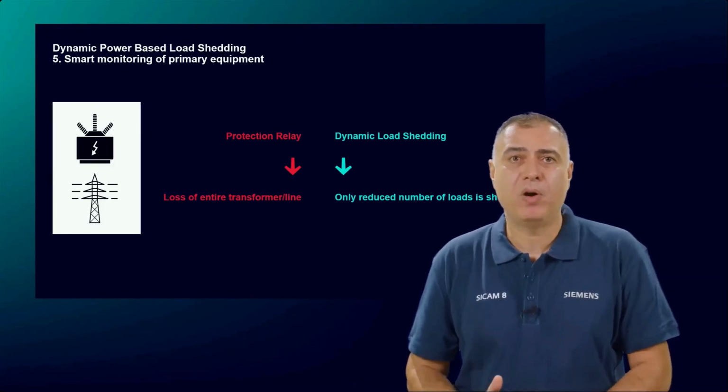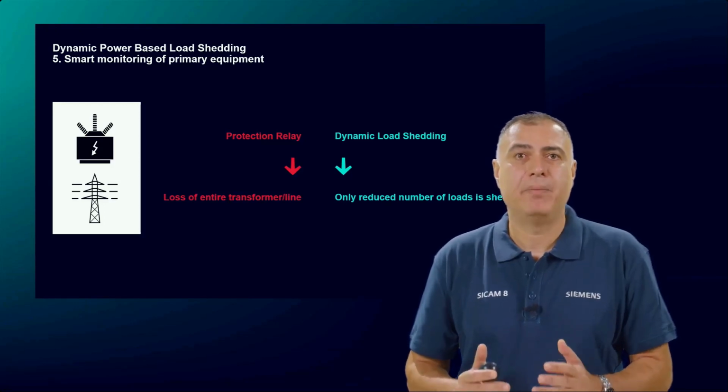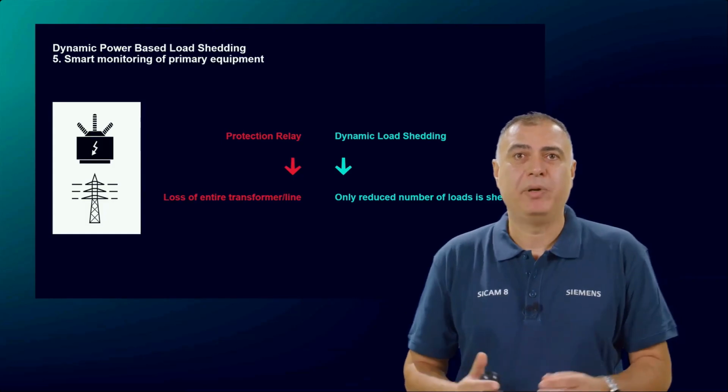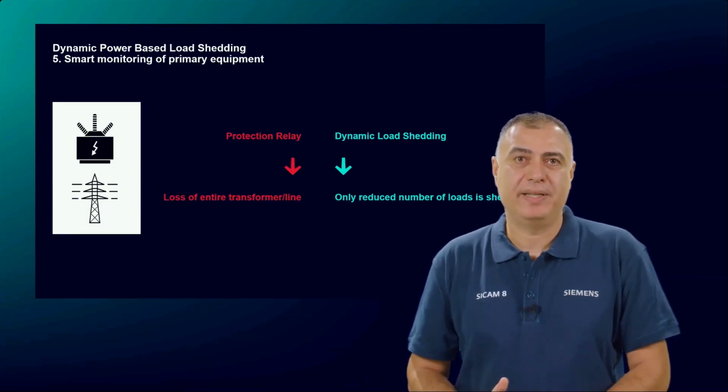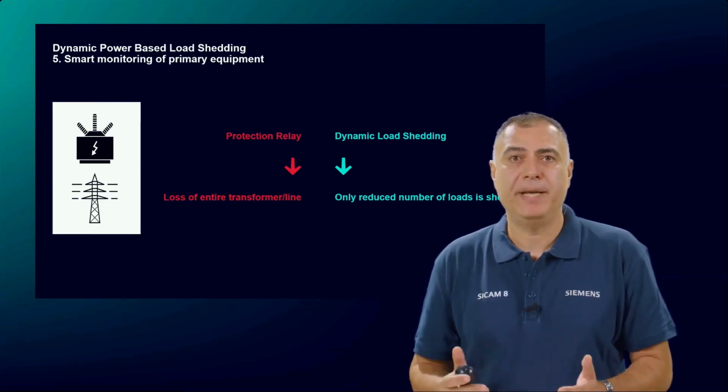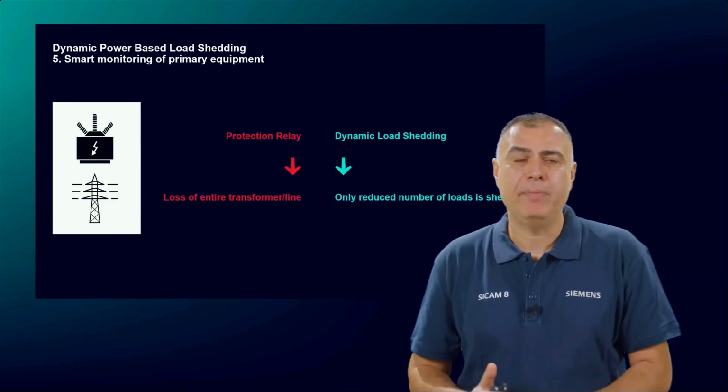Thanks to dynamic power-based load shedding, there is a much smarter solution. Shortly before the classic protection is triggered, dynamic power-based load shedding can switch off only the overloaded loads, which means that there is smaller impact in the production of the plant.